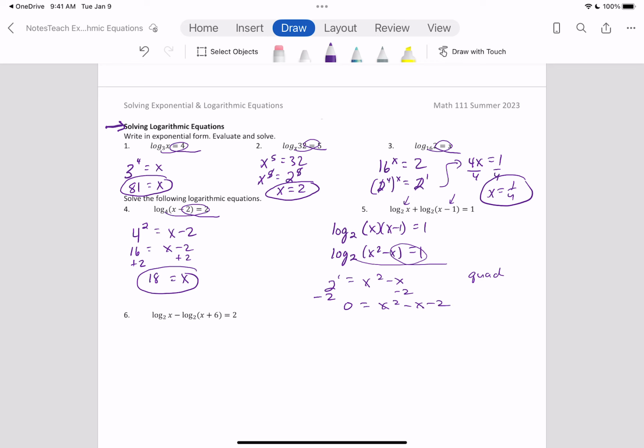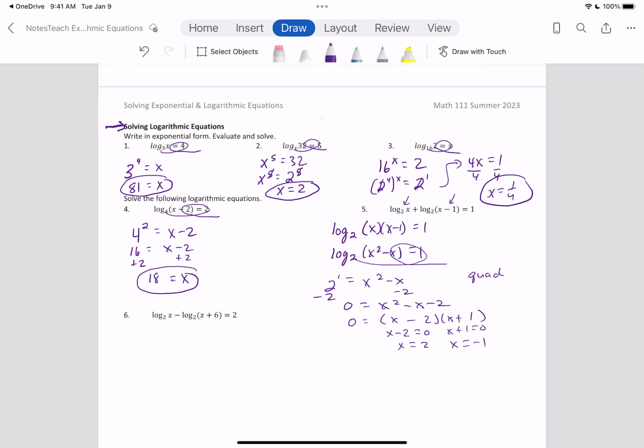Now you can use any of the methods you want. You can factor, quadratic formula, completing the square. This one I believe is factorable, so I'm going to go that route, but any of those options will get you there. We're going to need -2 and +1. And then, of course, our zero factor property gives me x equals 2 and x equals -1.